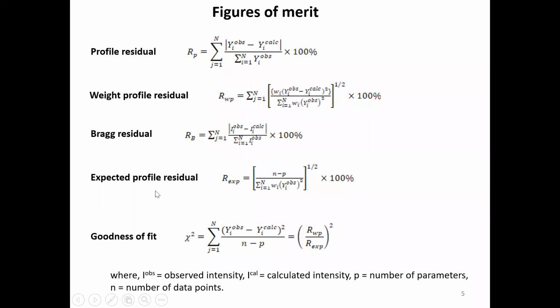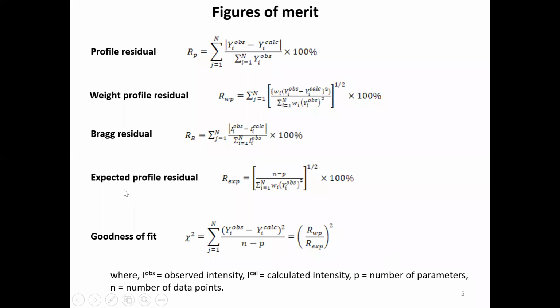Okay, and the most convenient and most useful parameter is the goodness of fit, which is the ratio between the weight profile residual and the expected profile residual. So a goodness of fit close to unity is the desired one.